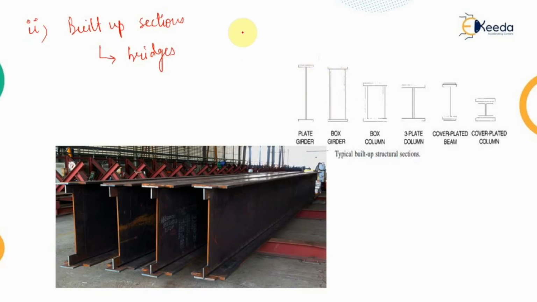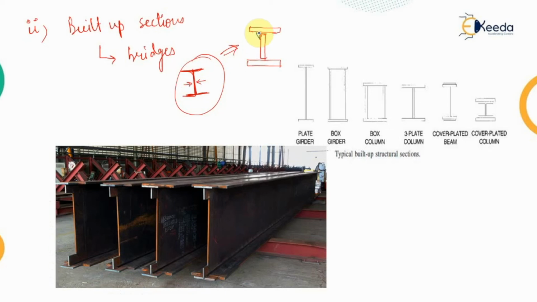That means, let's say this is the capacity of the I section, this is the rolled I section that is available in the market readily. Now if the web thickness which I require for the construction is not suitably achieved, then what we can do is construct the I section with the help of different plates. So let's say this is one plate, and this is another plate, and this is another plate.